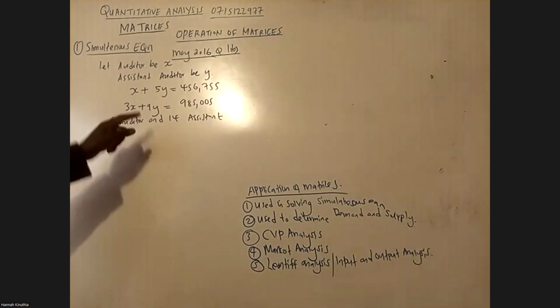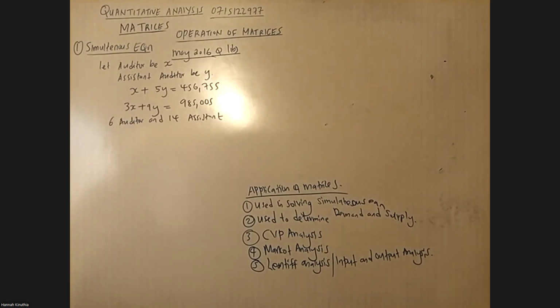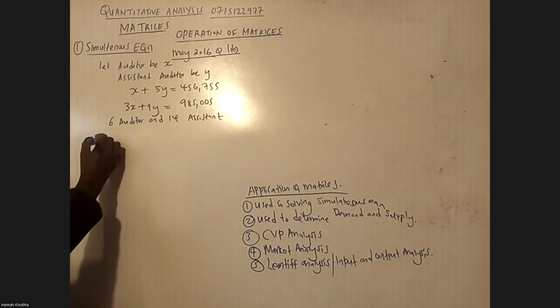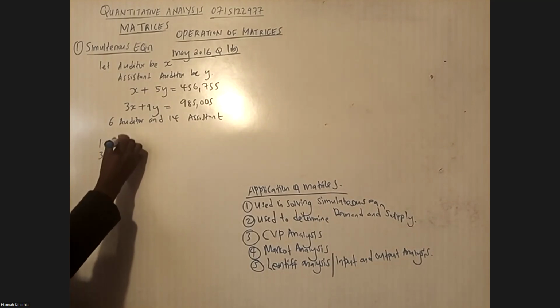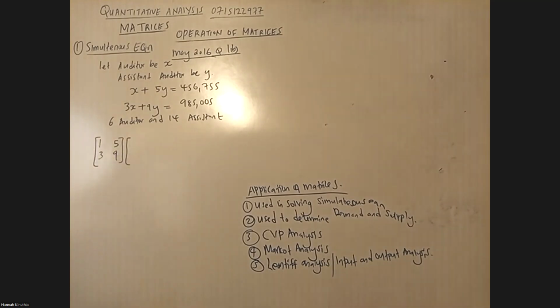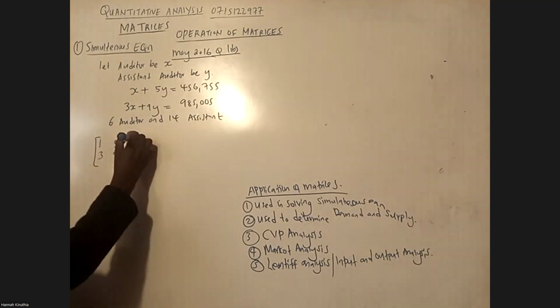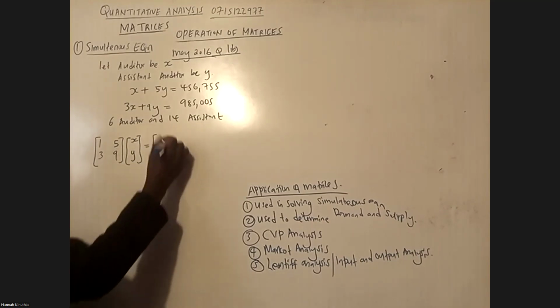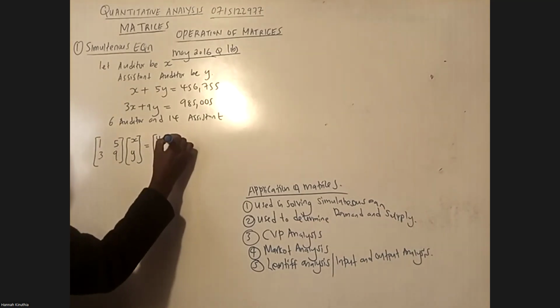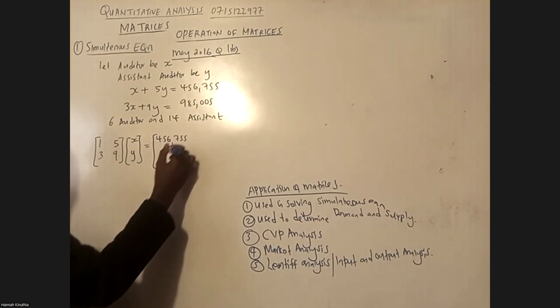Then 3X plus 9Y is equal to 985,005. So we can say 1, 5, 3, 9 as our matrix is equals to xy. When we multiply with xy, it must give us the figures 456,755, 985,005.